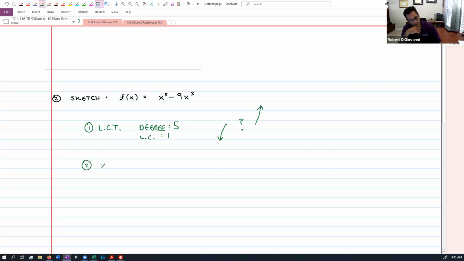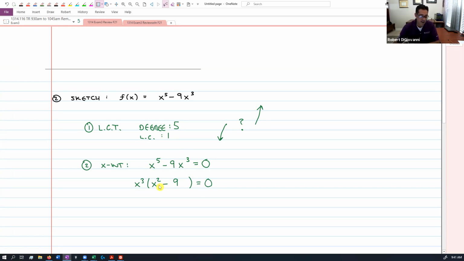Second step, x-intercepts. We set this equal to 0. We can do a GCF again, right? They both have 3 factors of x. So I can pull an x cubed out. And that should leave me x squared here. All the x's went away here, so I have negative 9 equals 0.